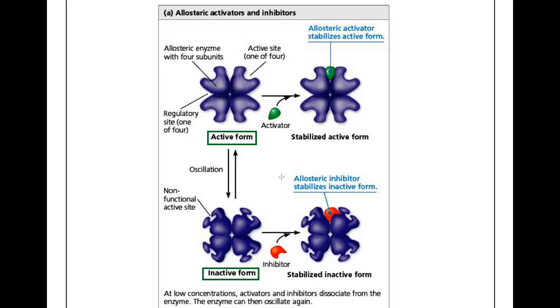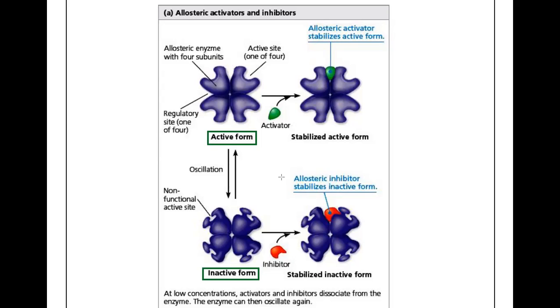The only thing we have to do is, when it comes to the active form, we have to stabilize it in the active form without going to the inactive form.